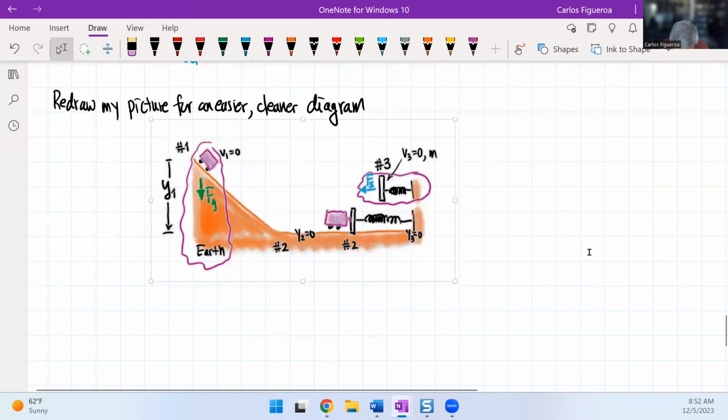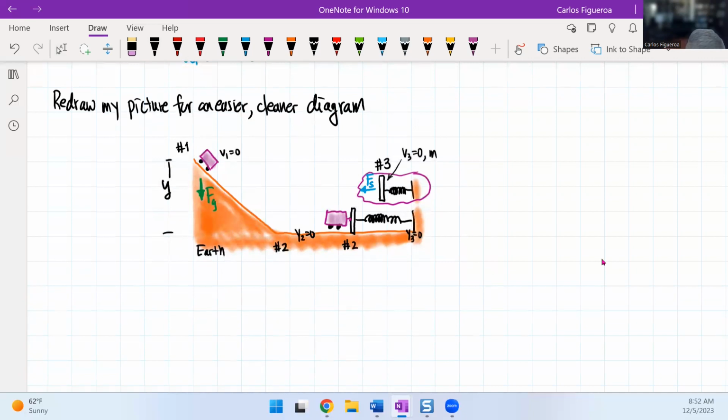Now I'm going to modify this. We already know that we have this. I don't care about state 2 at all. All I care about is what happened to the compression here.